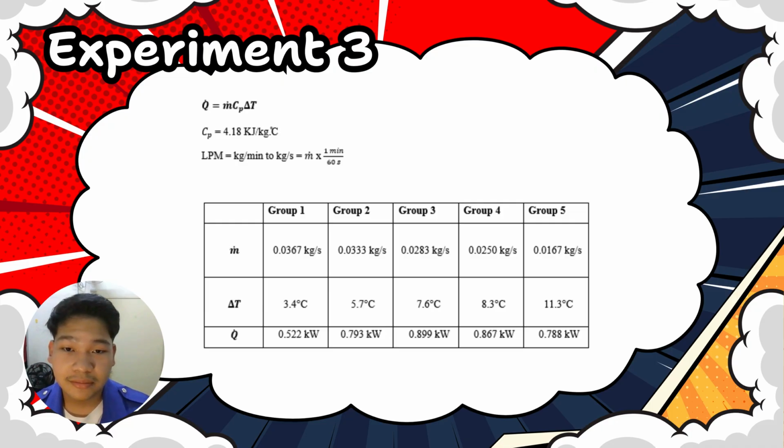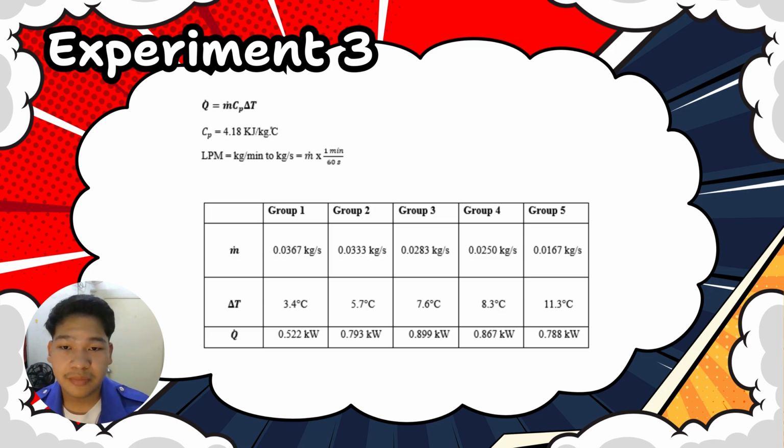So from group 1, m dot is 0.0367 kilogram per second, group 2 0.0333 kilogram per second, group 3 0.0283 kilogram per second, group 4 0.0250 kilogram per second, and lastly group 5 0.0167 kilogram per second.